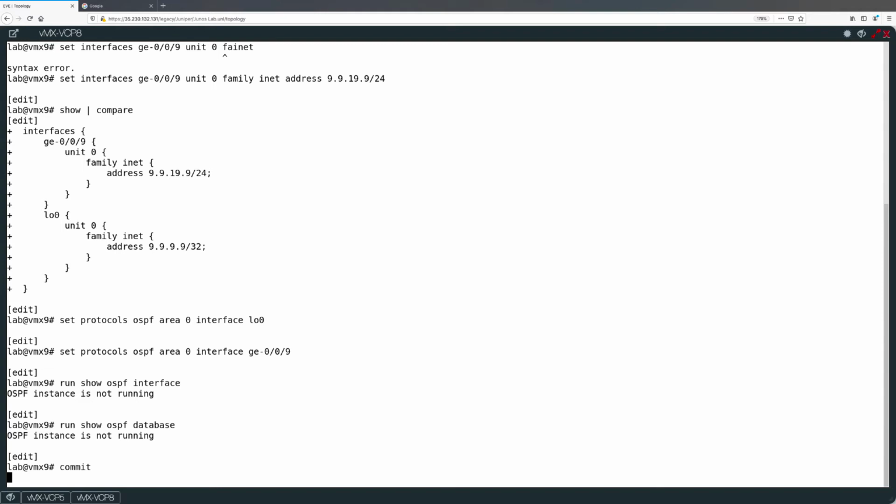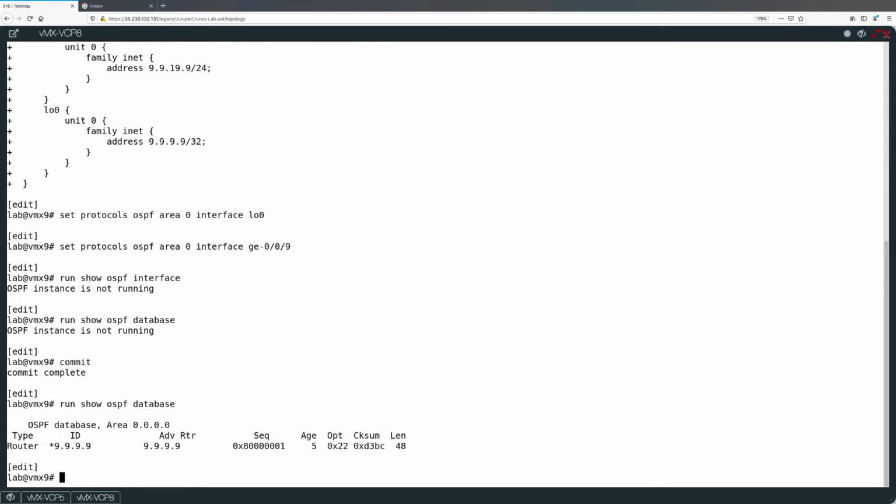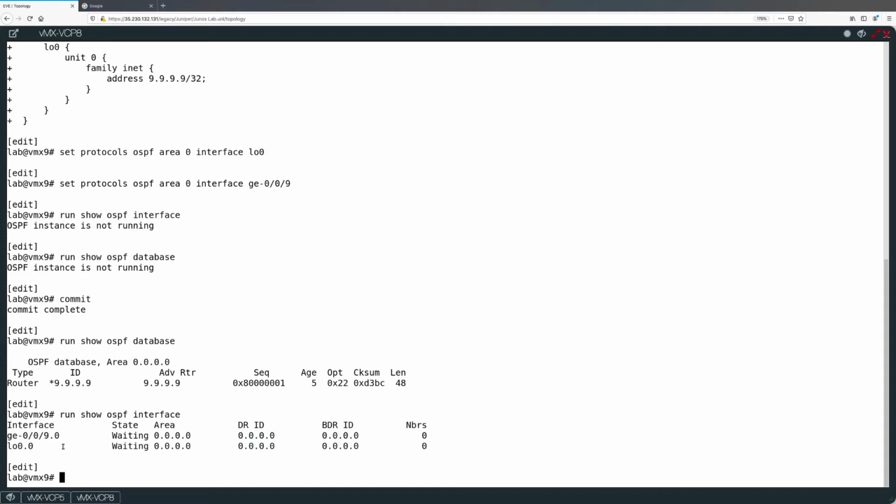As soon as this is done, since it is a single router implementation, I should not see any types of LSAs except the router LSA, which initially gets kicked off. There are no network LSAs as such because there is no concept of DR or BDR yet. This is a broadcast segment, right? So these two interfaces are in the state waiting.